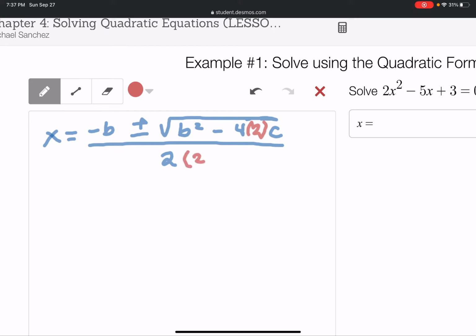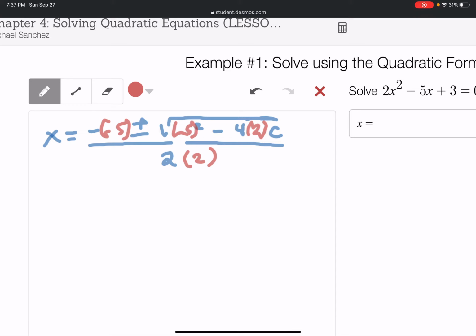All right, then I'm going to replace the b terms with a negative 5. So this b becomes a negative 5, and this b becomes a negative 5 as well.